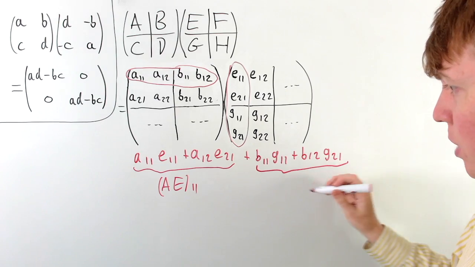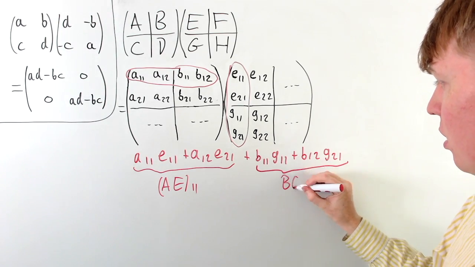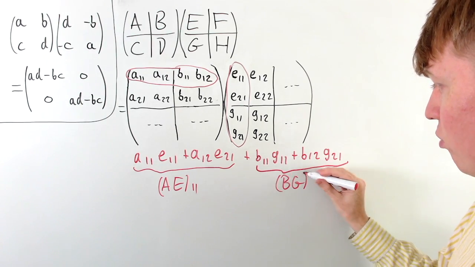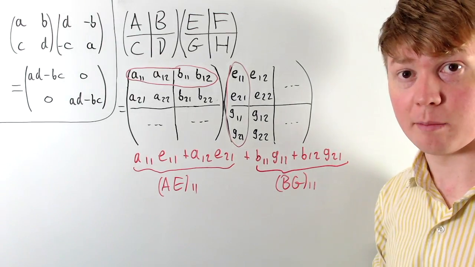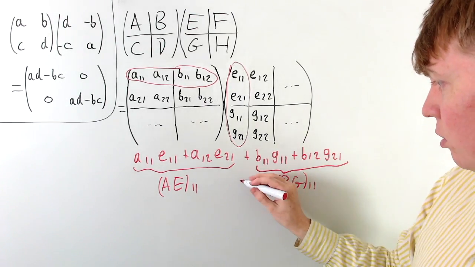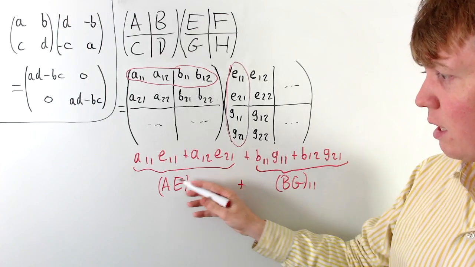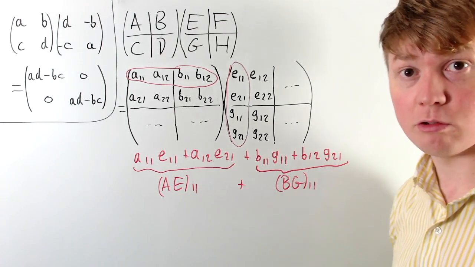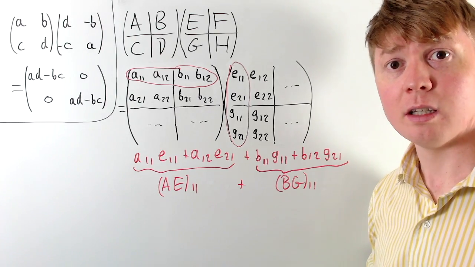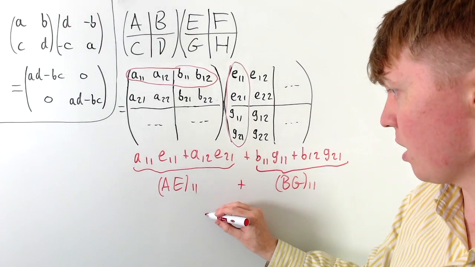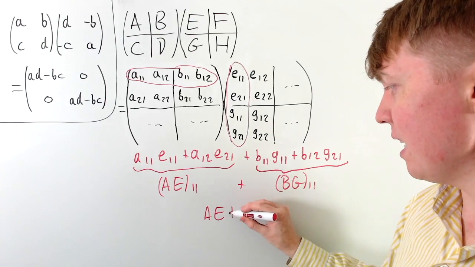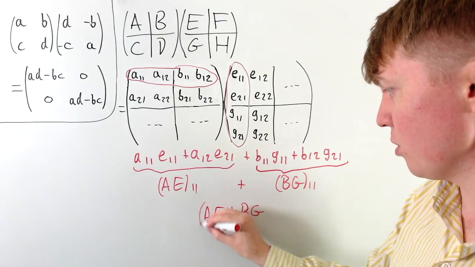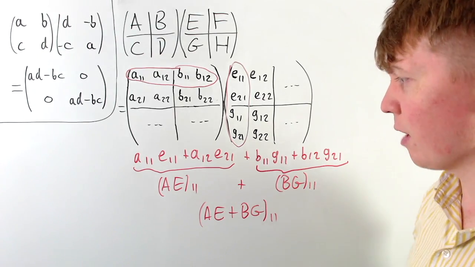And similarly for our B and G, this is the same as if we took the top left entry of B times G. But then we're still adding all of this together. So if we were to take the AE matrix, add this top left entry to the top left entry of our BG matrix, then you'll see that this is the same as if we were to do AE plus B times G and take the top left entry.